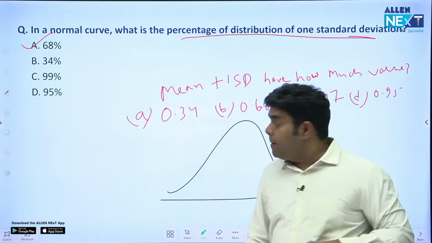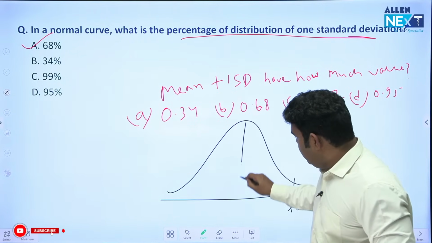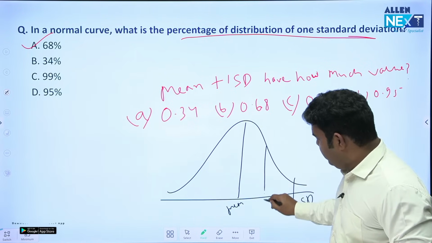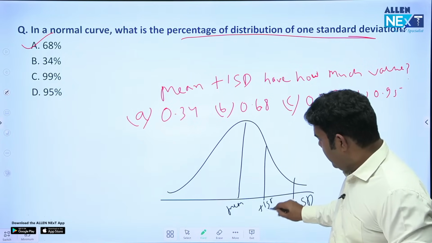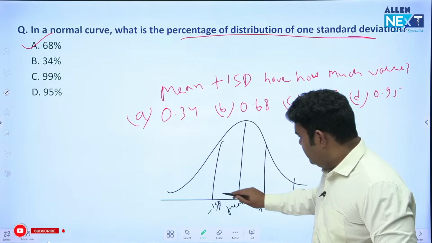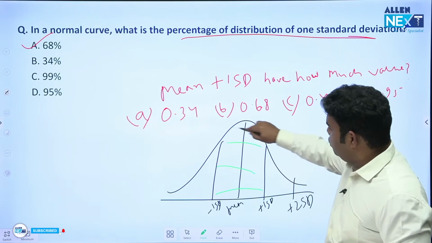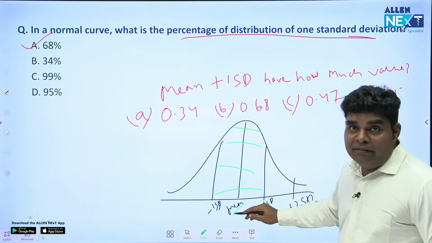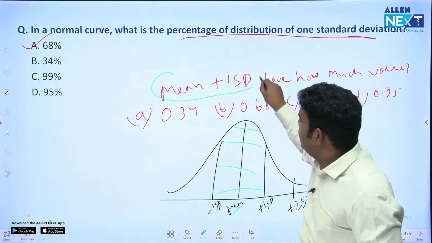Please tell me. Look, this is mean. And between plus 1 and minus 1, in this area, 68% value lie. But I am not asking mean plus minus 1. I am only asking mean plus 1.